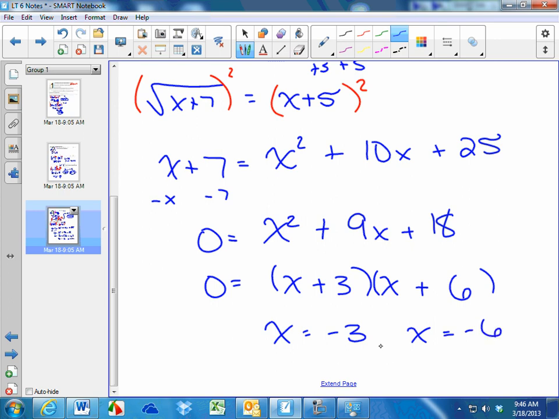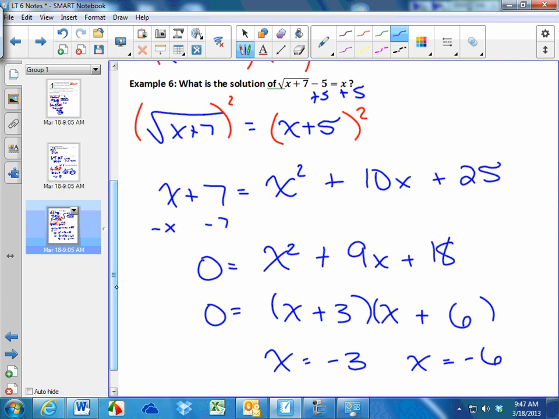And I've already told you one of them doesn't work. So your task to finish off the notes is to take your calculator or just your brain, figure out which of these two doesn't work, and then tell me why. So I'll give you a second to think that through, and this will finish our notes.